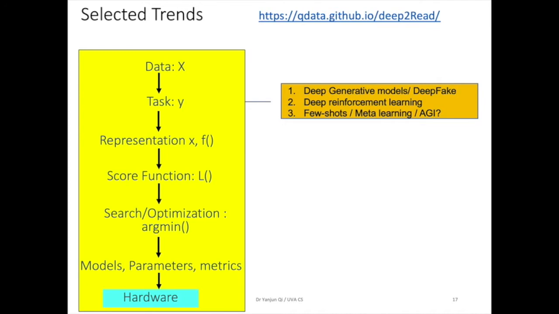So the first task is this generation task. The very classic popular work is the DeepFake. And the second type is deep reinforcement learning. Very classic current applications are AlphaGo, AlphaZero, or the game agent.